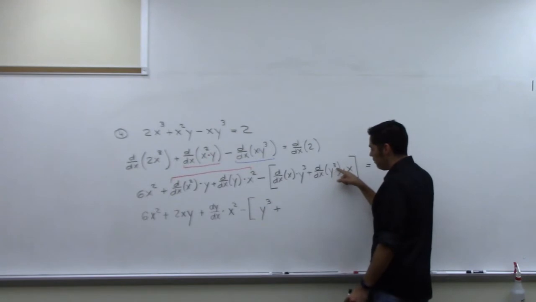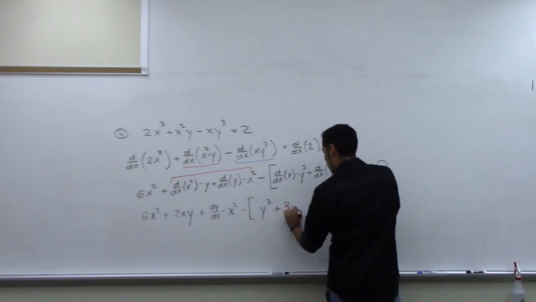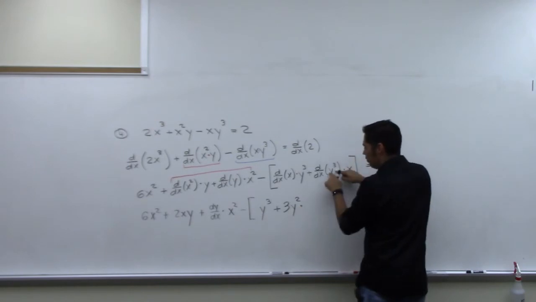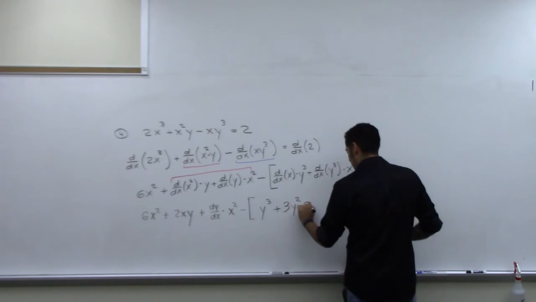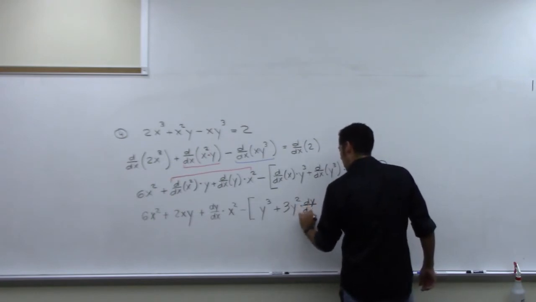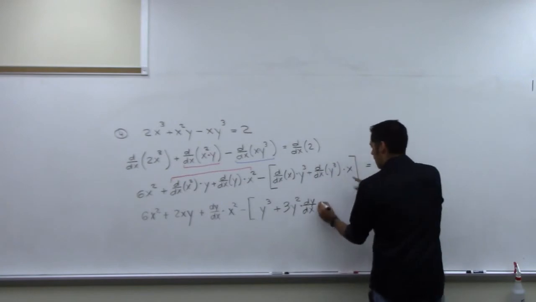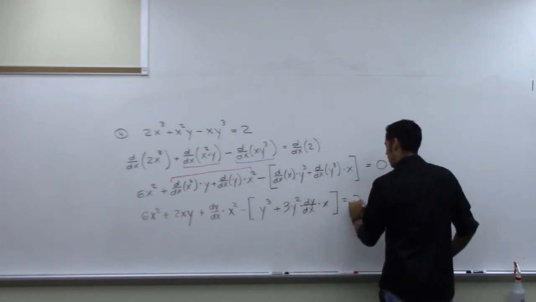So the derivative of y cubed is going to be 3y squared. That's the standard power rule. But then chain rule says times the derivative of what was in here. And the derivative of y with respect to x is dy/dx. So what we're trying to solve for has actually appeared twice. And then I have to finish up, tack on the x next to that. Close it off, equals 0.